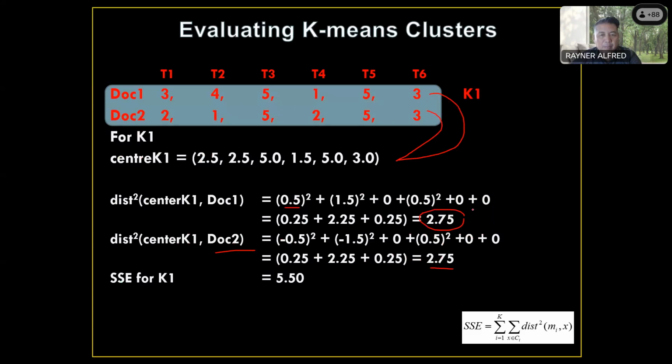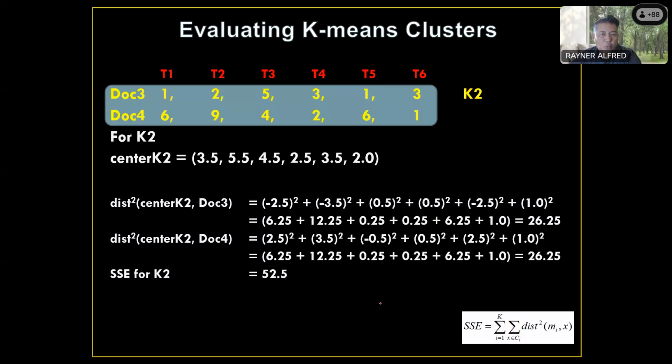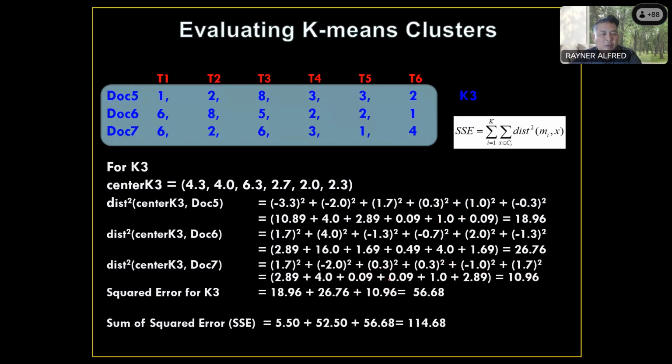Then we add them together. Okay. So we repeat for cluster 2. We have 52.5. We repeat for cluster 3. We have 56.68.